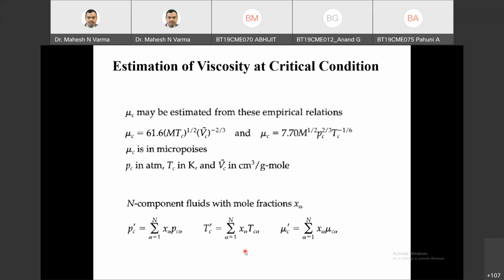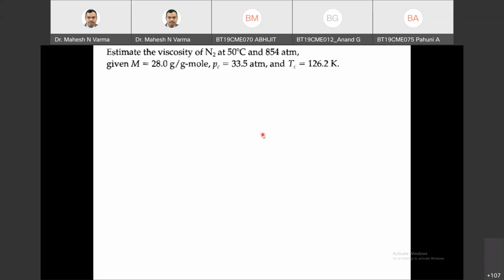This is okay. How to get the viscosity? Once I have the reduced viscosity and the critical viscosity, I can get the viscosity of the material. Now the problem: get the viscosity of nitrogen at 50 degrees Celsius and 854 atmosphere.